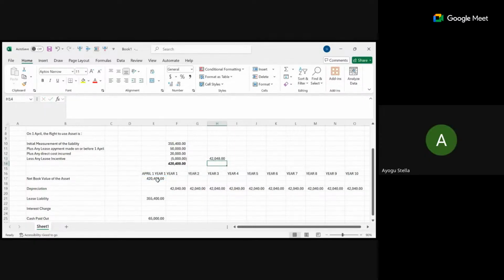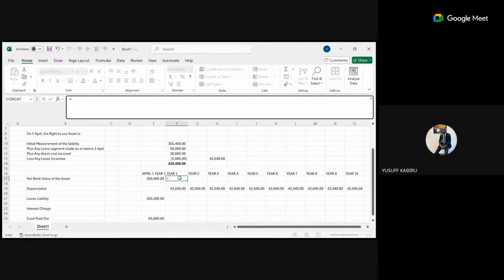Okay, so when I take away the depreciation from the net book value, it gives me the current net book value as at the end of the year here.